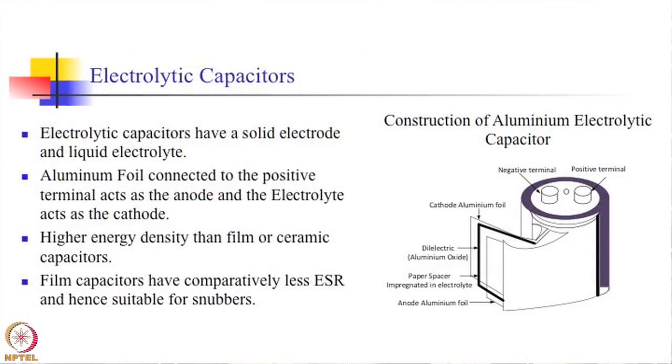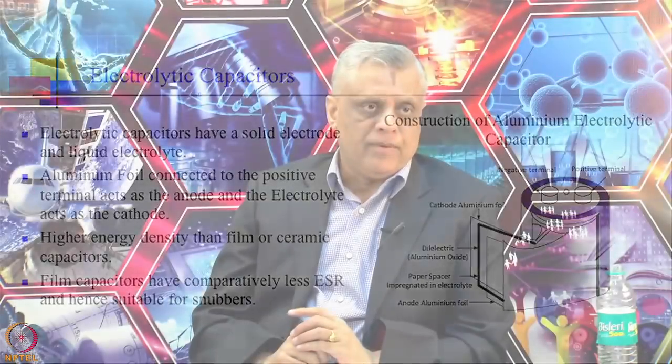The tantalum oxide has 3 times the dielectric constant that an aluminum oxide layer can provide. So obviously these give a significant difference when it comes to the size and compactness of the capacitor, but as I said they are very expensive.